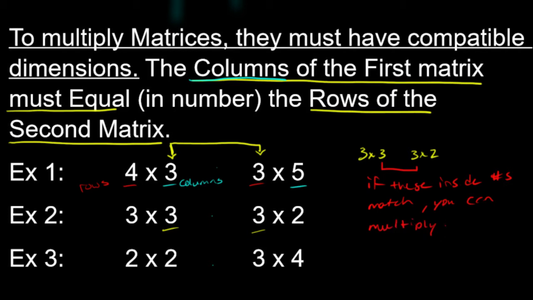And this is even more useful because if you can multiply them, the dimensions of the resultant matrix, the answer to your multiplication problem, will be these outside numbers.